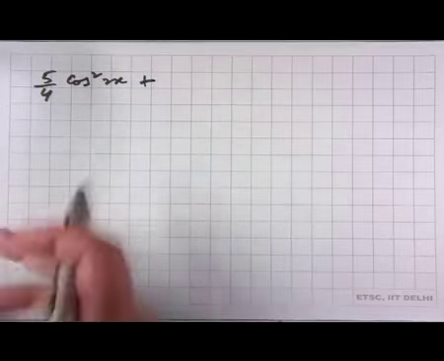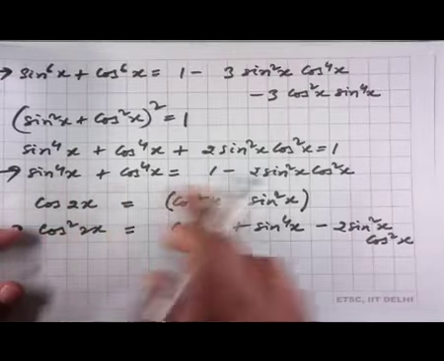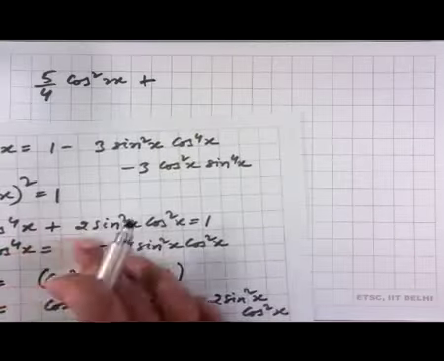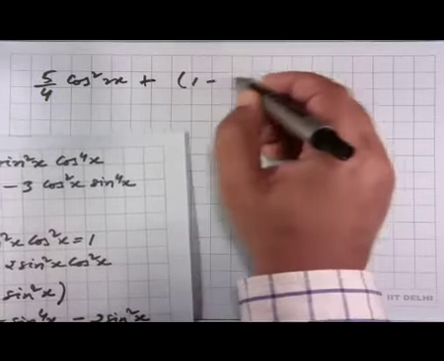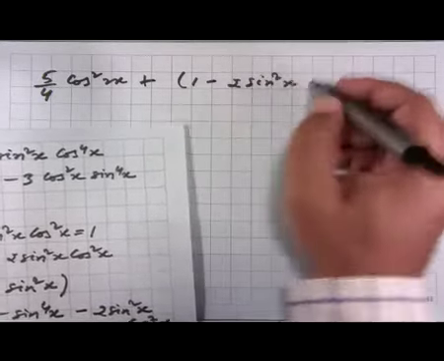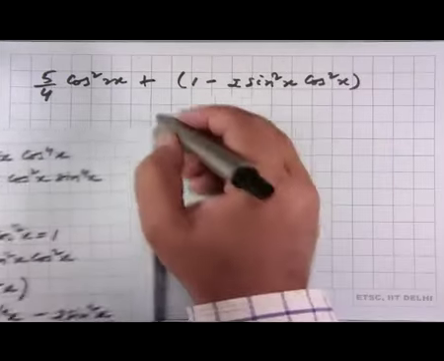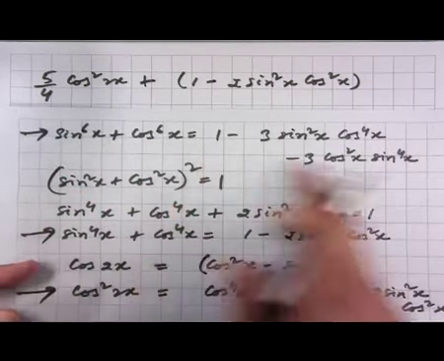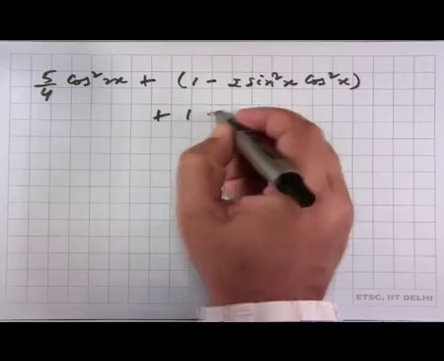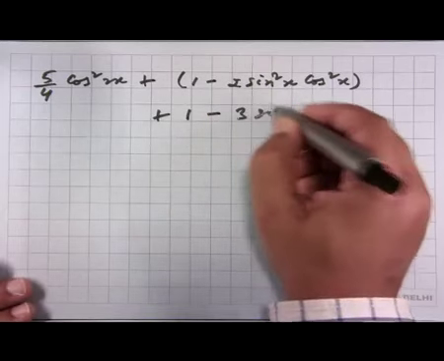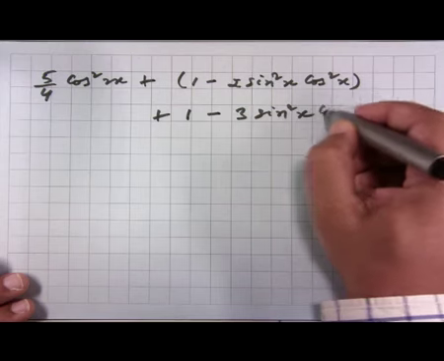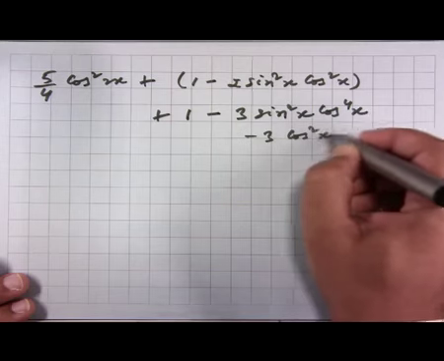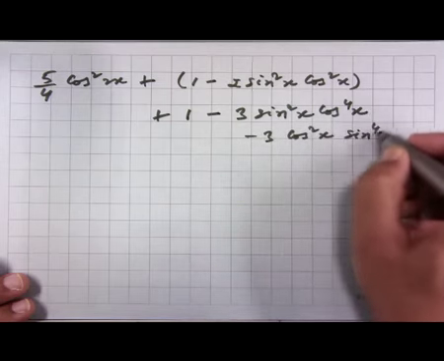From the previous slide we know that sin 4x plus cos 4x is this value. So, instead of sin 4x plus cos 4x, we are going to use the value 1 minus 2 sin square x cos square x, and then for sin 6x plus cos 6x we are going to use this right hand side, which is 1 minus 3 sin square x cos 4x minus 3 cos square x sin 4x.